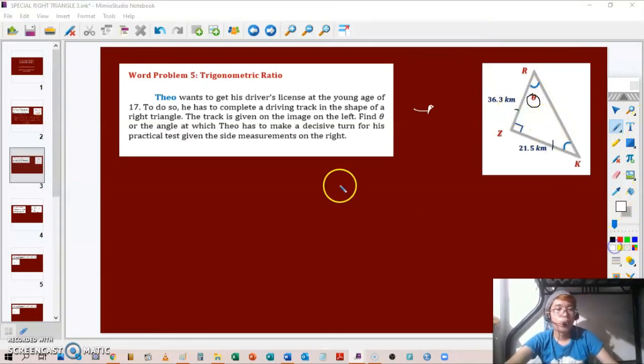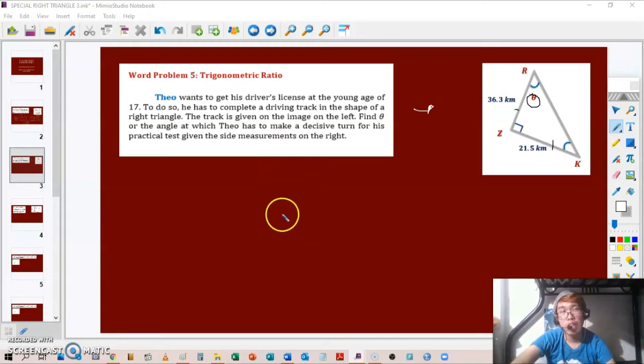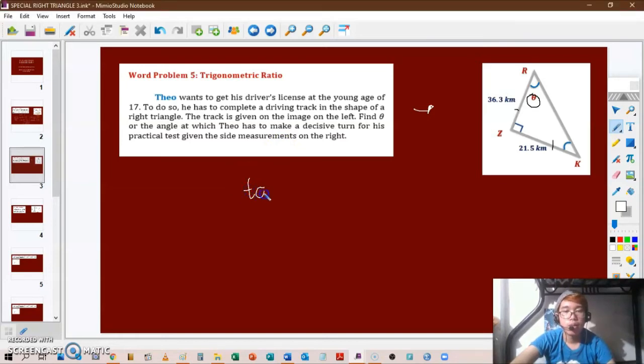We need to find the value of theta, given the opposite side and the adjacent side to theta. We can use both tangent and cotangent, but since tangent is one of the main trigonometric ratios, let's use that one. So tangent is equal to opposite over adjacent side, and since we don't know the value of theta, we simply put it like that, which is equal to the opposite side, 21.5, all over the adjacent side, 36.3.